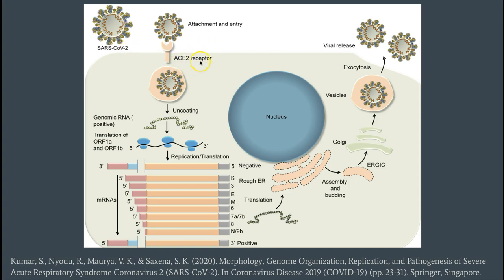They infect type 2 pneumocyte cells that contain the angiotensin converting enzyme receptor. As you recall from physiology, this receptor is in the renin angiotensin aldosterone system, and that's what we take many blood pressure medications for in the US.